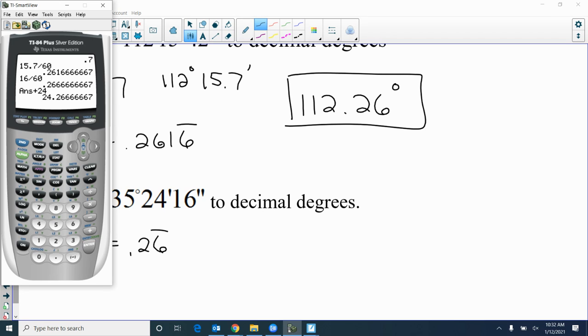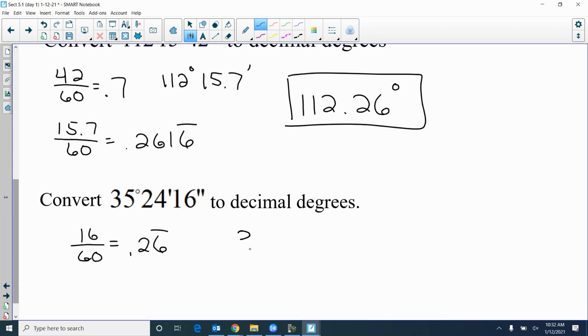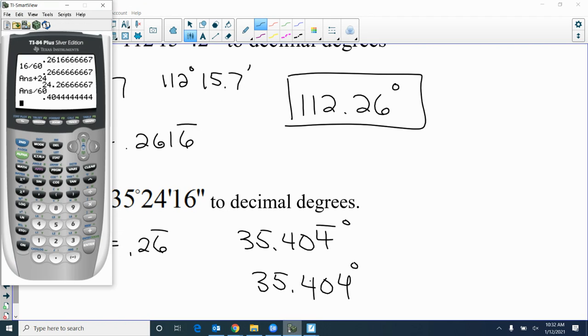So that would be the minutes, 24.6 repeating, and then divide that by 60. 0.404 repeating. So it's going to be 35.404, technically repeating, or depending on what you're rounding to, 35.404, either way.